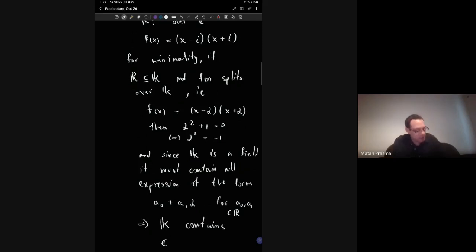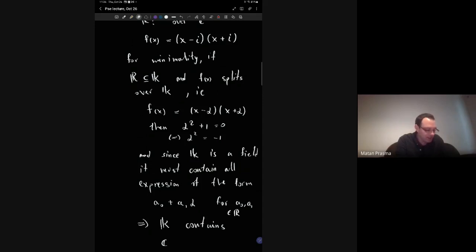I mean, look, this alpha, I just call it alpha for distinction, but it really has to be i. It is an element satisfying alpha square plus 1 equals 0, or alpha square equals minus 1. So alpha is just another name for i, right?